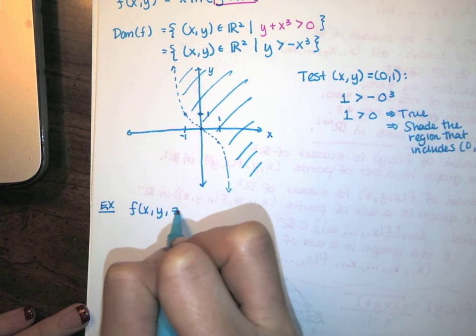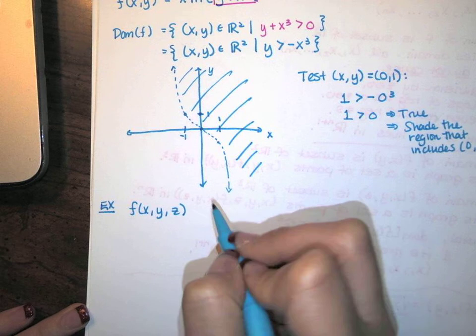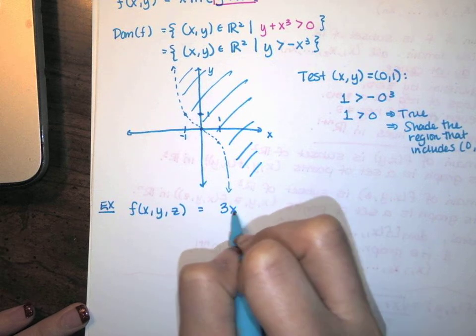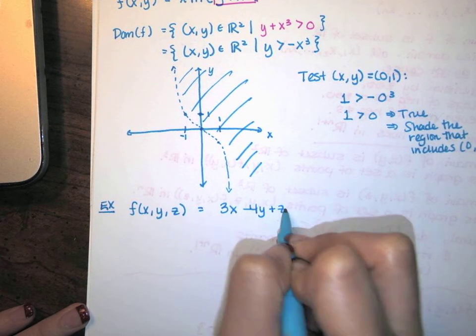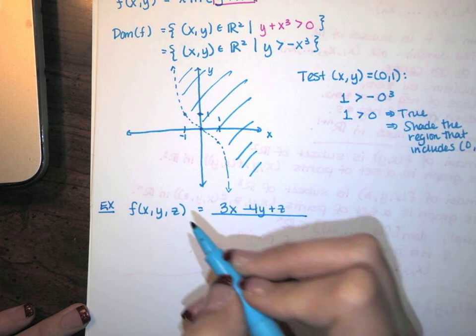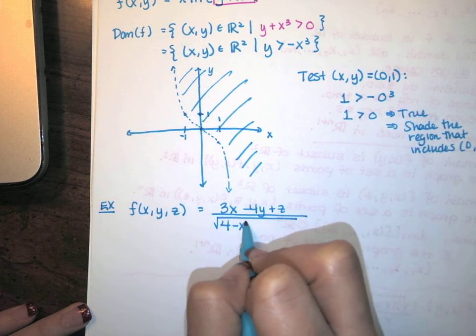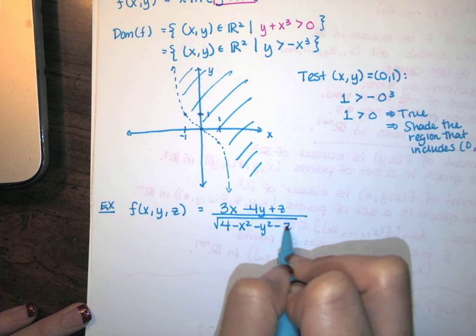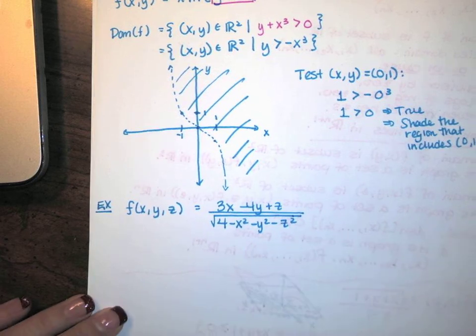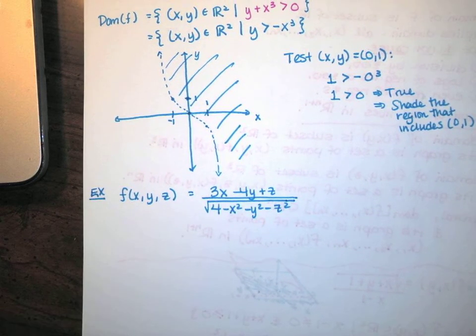We're trying to find and then sketch the domain. Careful here. This is not a function of 2 variables, but a function of 3 variables.